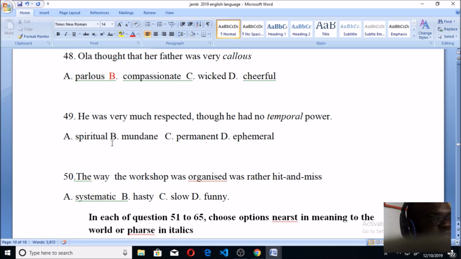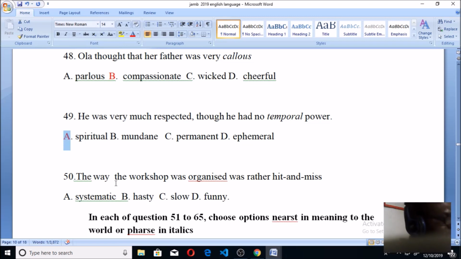Temporal simply means relating to or situated in the temples of the head, like has to do with the human being. Mundane, so the opposite should be spiritual. So I'm going to pick A. I would like you to do more research on this.